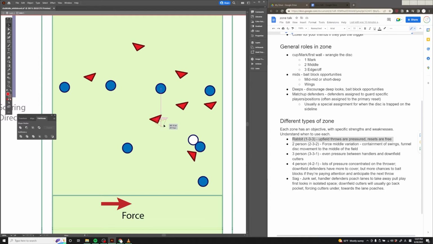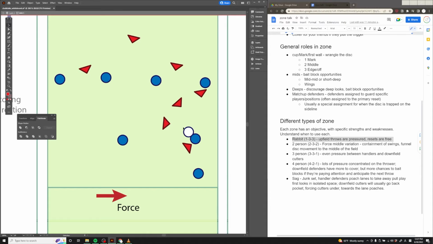And now the wall, the first wall, will reorient so that they are now almost a cup. So we're denying this reset, and we're denying anything upfield here.